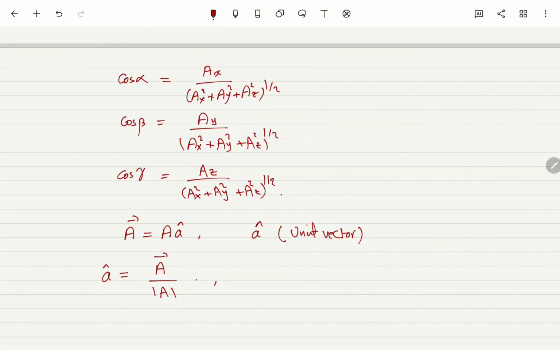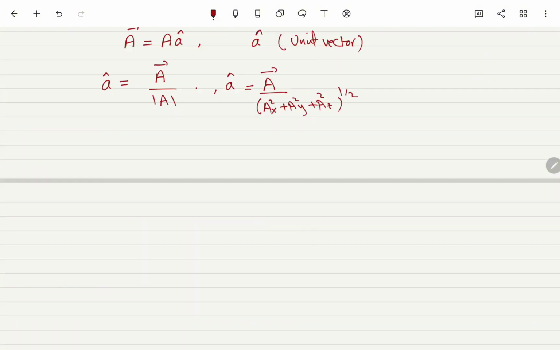Or in other words, A hat equals vector A divided by its magnitude, (AX squared plus AY squared plus AZ squared) to the power half.